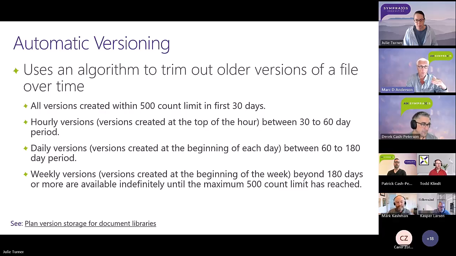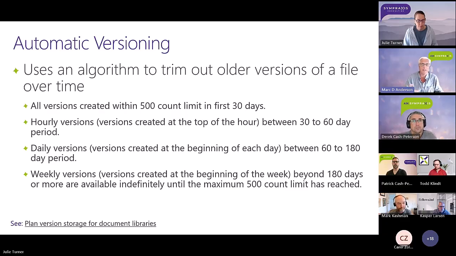When you create a new version of a document, essentially you're using up twice the storage, because there's a second copy of that document. And if you think 500 times a big file, that's a lot of storage. So the automatic versioning algorithm is smarter than that. It keeps all the versions within the first 30 days.